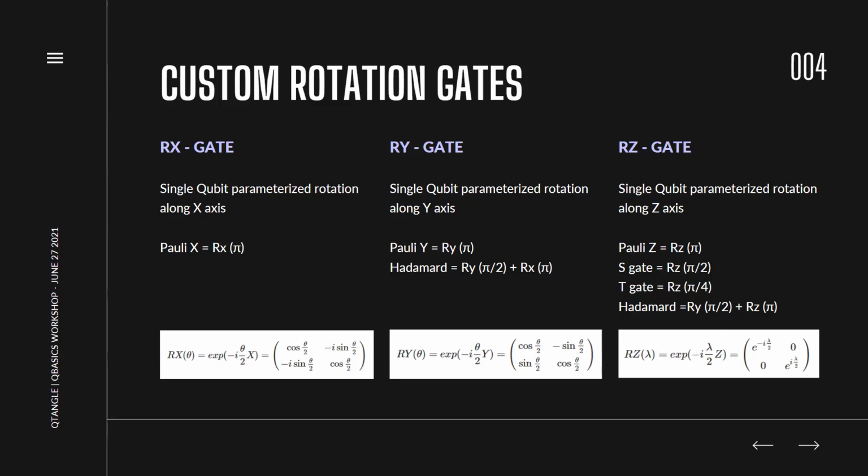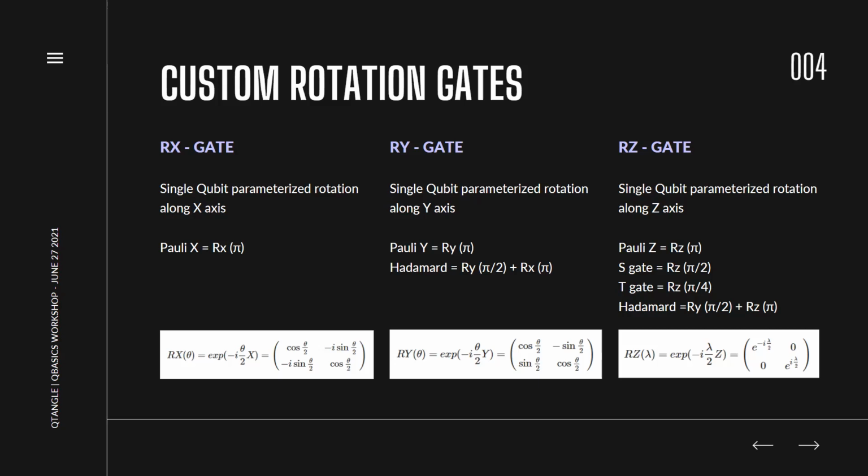The next gate, since we are talking about axes, is the Ry gate. The Ry gate is basically a rotation along the y-axis. The Y gate can be simulated by the Ry gate if we put the angle as pi. We can also simulate many other gates using combinations of these rotation gates.